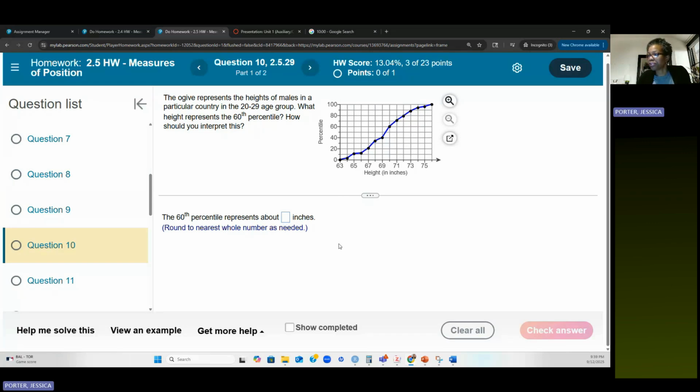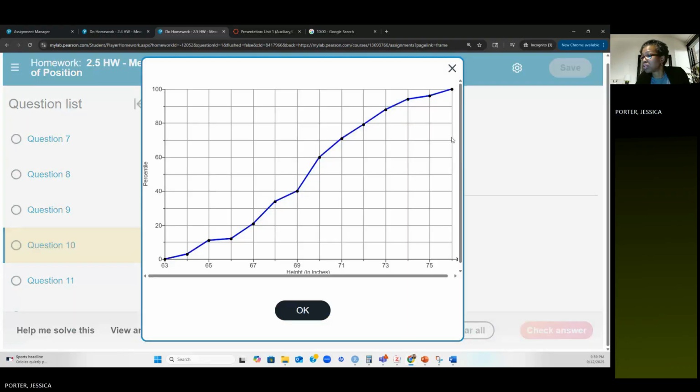We got a little chart here. The 60th percentile represents about how many inches? Can you see that?